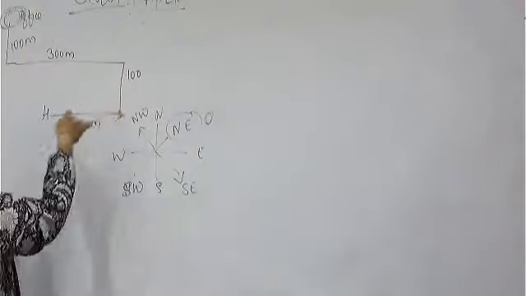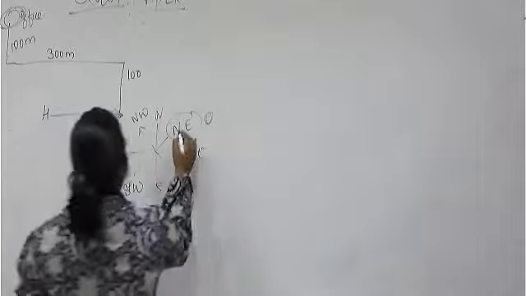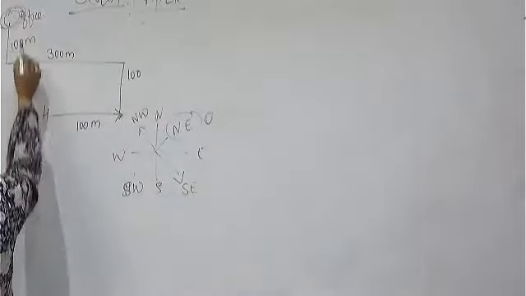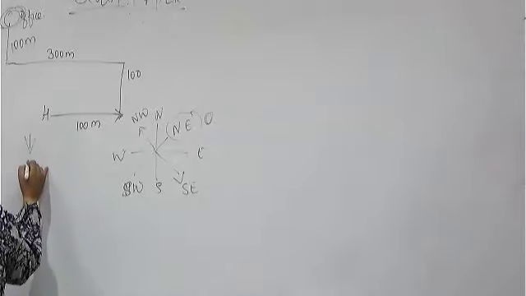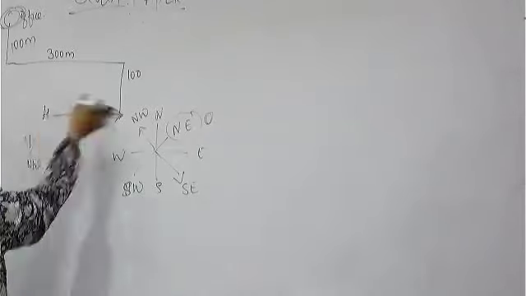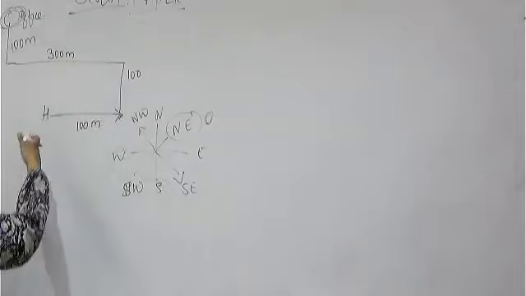If that is northeast, this direction is what? No. This is northeast. That means this one is what? Northwest. This side is what? Between northeast and northwest.